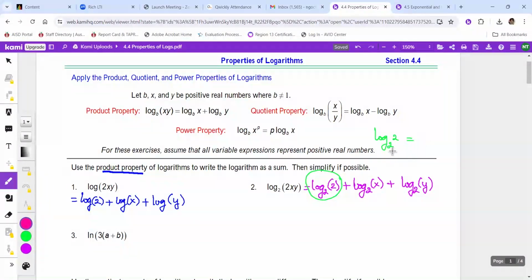We're asking ourselves, 2 to the power of what is equal to 2. So log base 2 of 2 will give us 1, right? Because 2 to the power of 1 is itself. So this will give us 1, and the rest just stay the same.